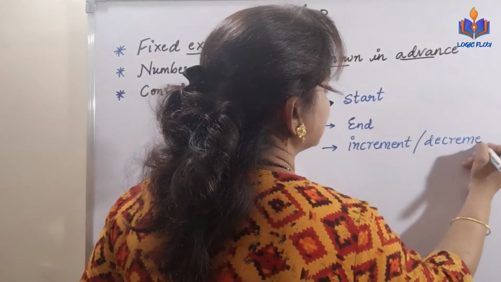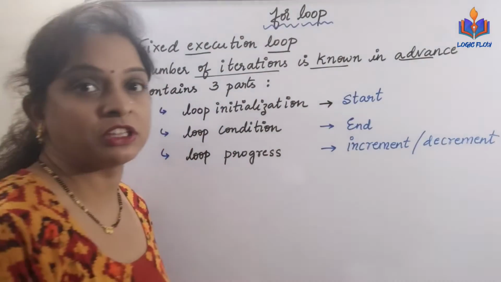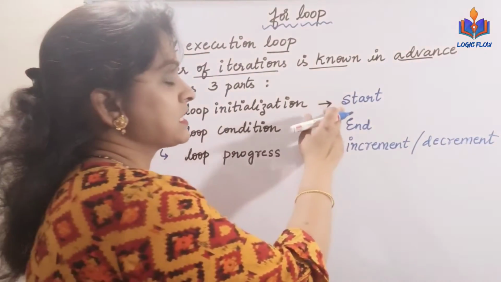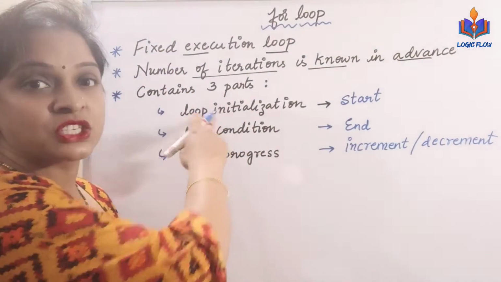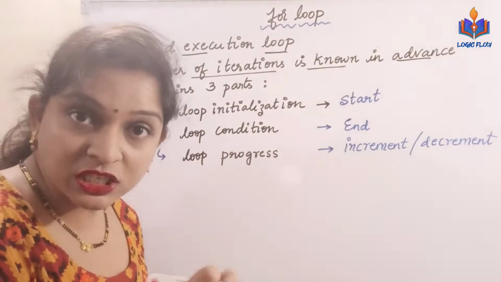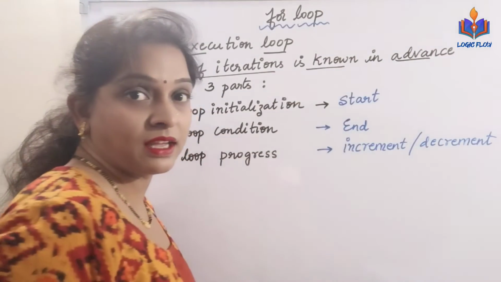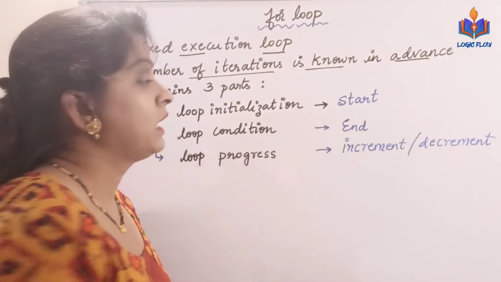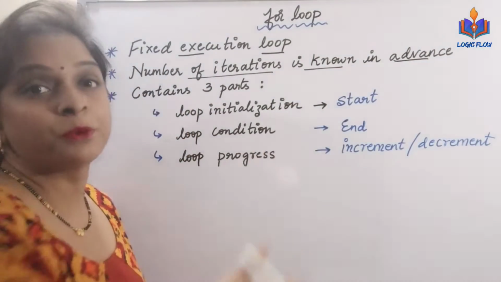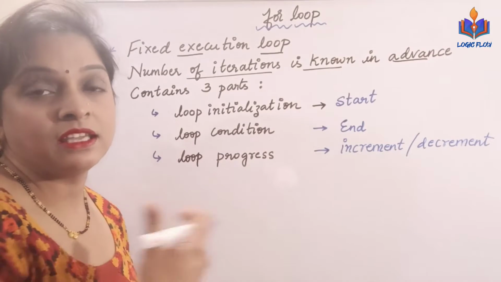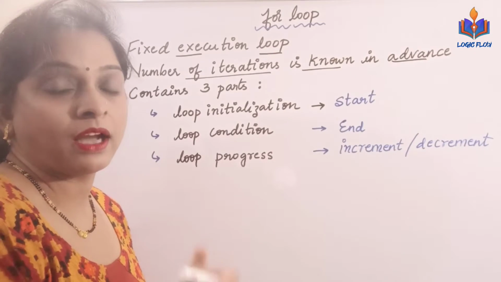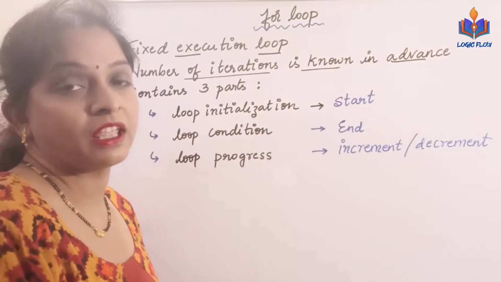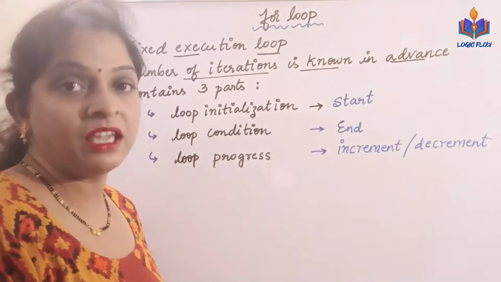So these are the things that we use with for loop. The start value is loop initialization, the end indicates the ending of the loop, and iteration, that is loop progress, indicates the step value, at how many steps I need to increase or decrease the loop.